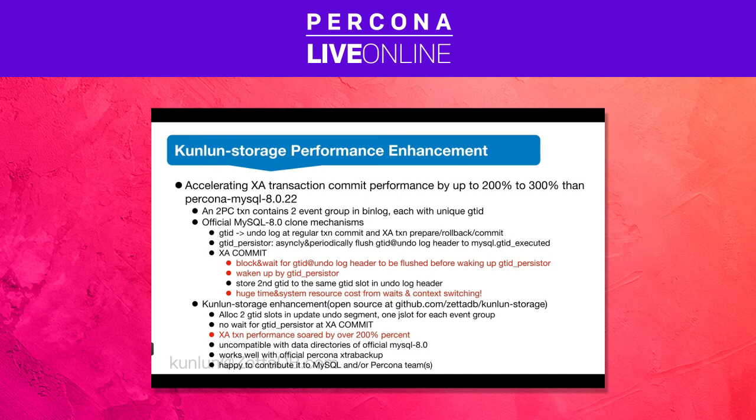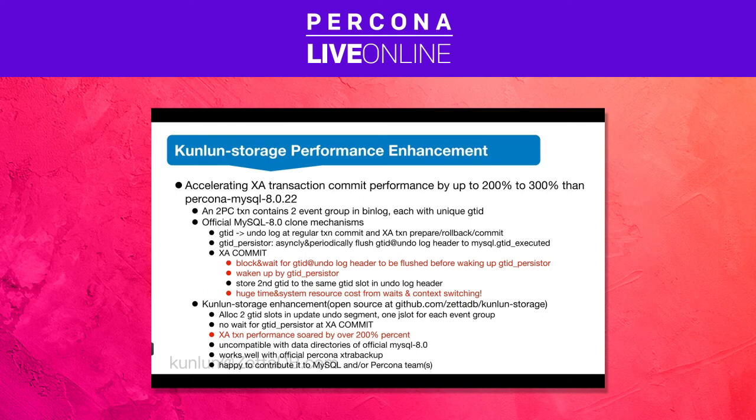the mysql.gtid_executed table. The problem is that when executing XA commit, or the second phase, if a GTID slot has not yet been flushed, the worker thread has to block and wait for the GTID at the undo log header to be flushed, and then it's woken up by the GTID persister after it has stored the first GTID to mysql.gtid_executed.